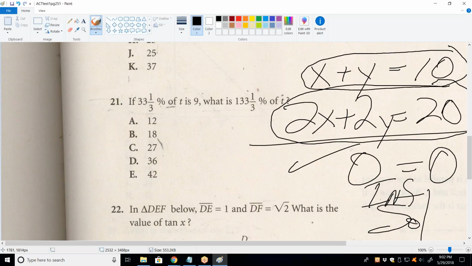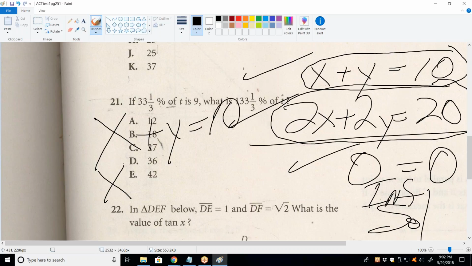You can't just have a starting equation and multiply it by 2 to get a second equation and hope to solve it. You've got to have two different equations. If I said x plus y equals 10 and x minus y equals 10, that's two different equations. I can come up with a solution there. The only solution is x equals 10, y equals 0, but that's a solution.